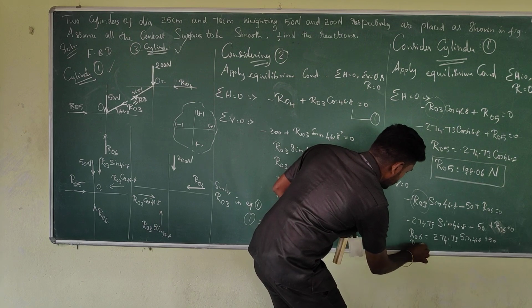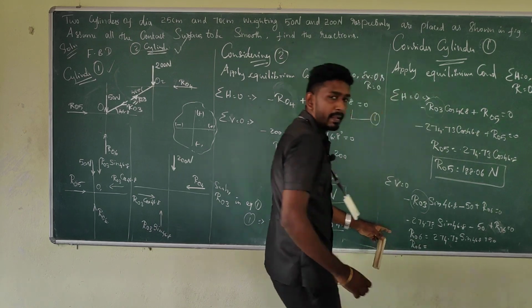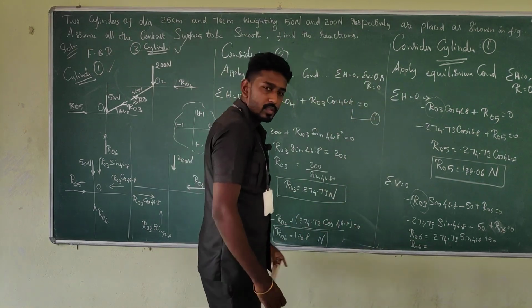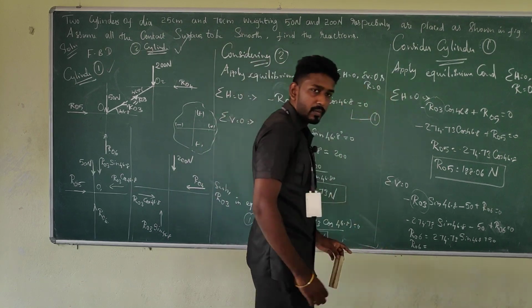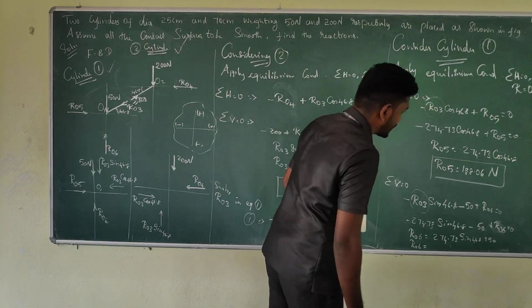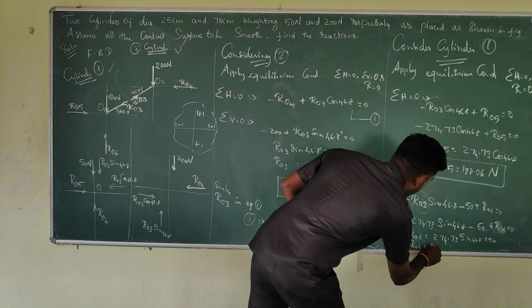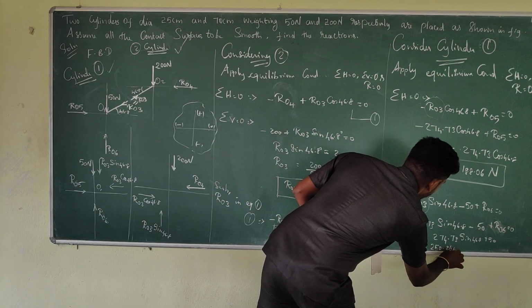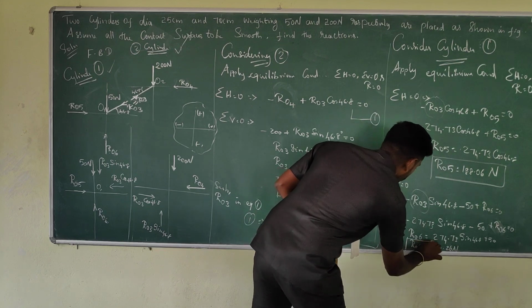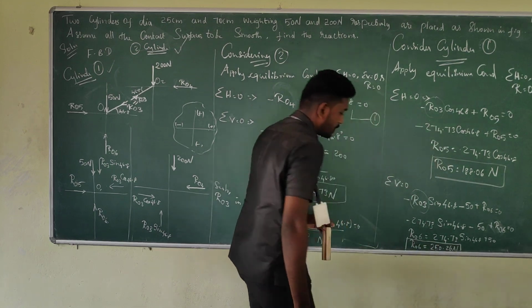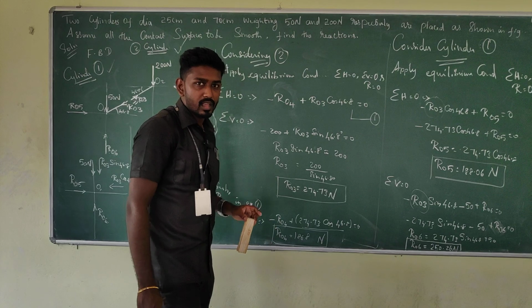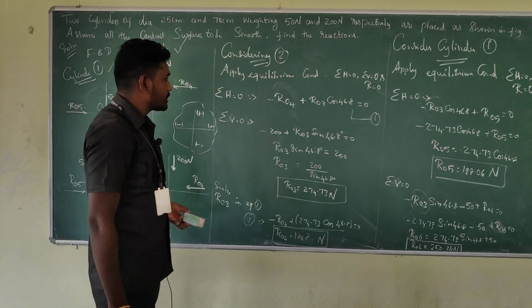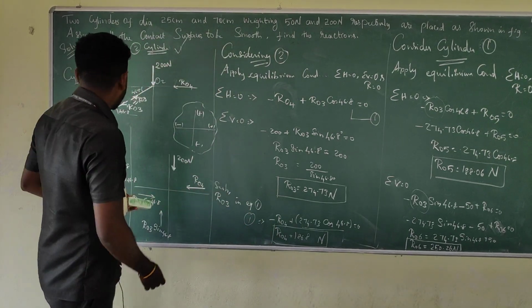Just calculate it with your calculator so that you will get the answer for RO6. Okay, RO6 value will be roughly 250.26 Newton. Okay, at last you must show the result.